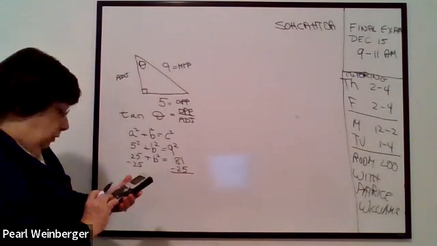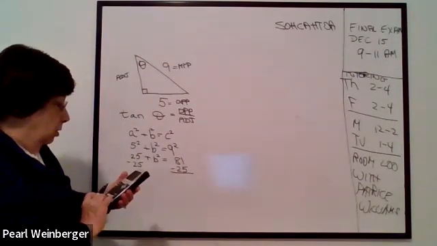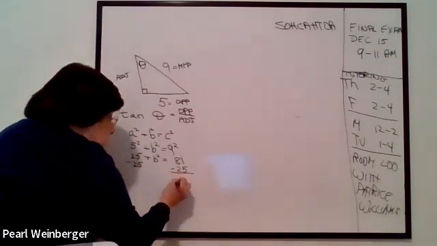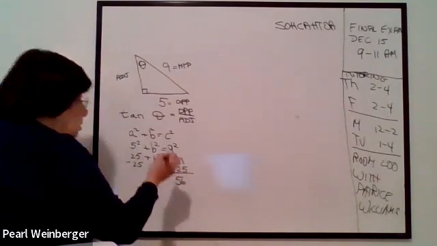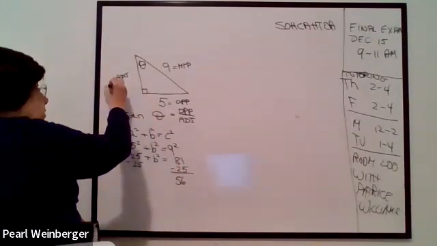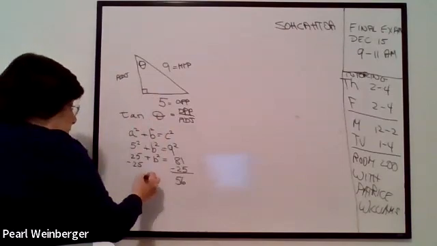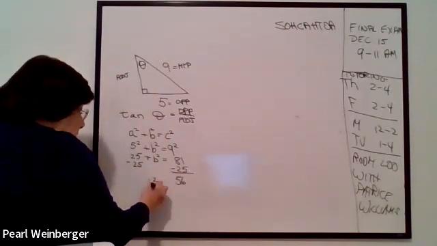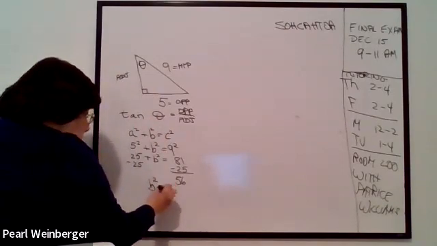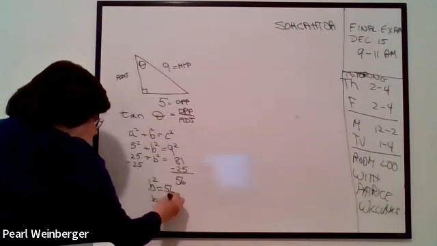81 minus 25 is 56. So therefore, the adjacent side, so b squared is 56. So b is the square root of 56.